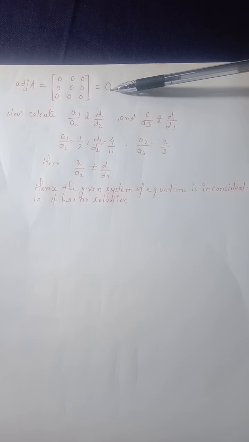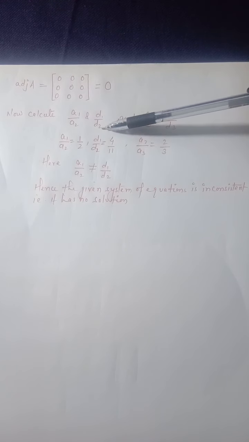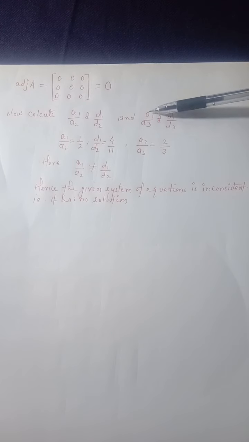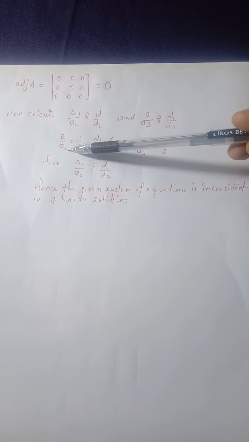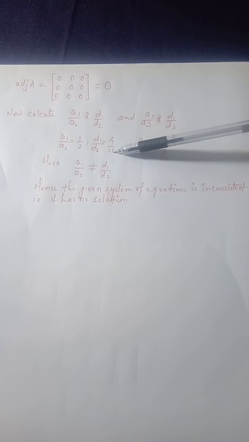So when this is a null matrix, we have to verify two things: a1 by a2 and d1 by d2, check whether they are equal or not, as well as a1 by a3 and d1 by d3. So a1 by a2 is half and d1 by d2 is 4 by 11. Obviously both are not equal.